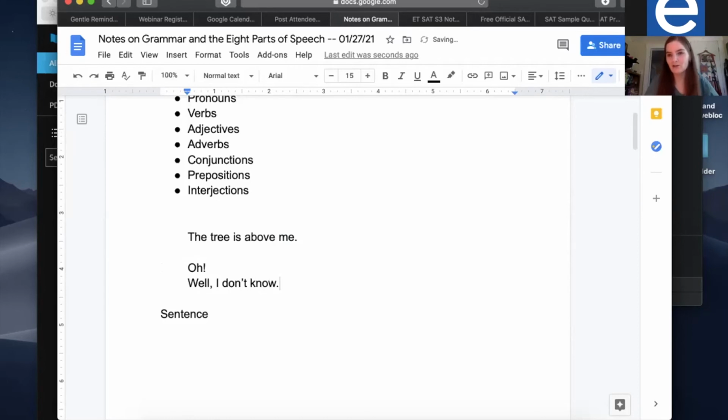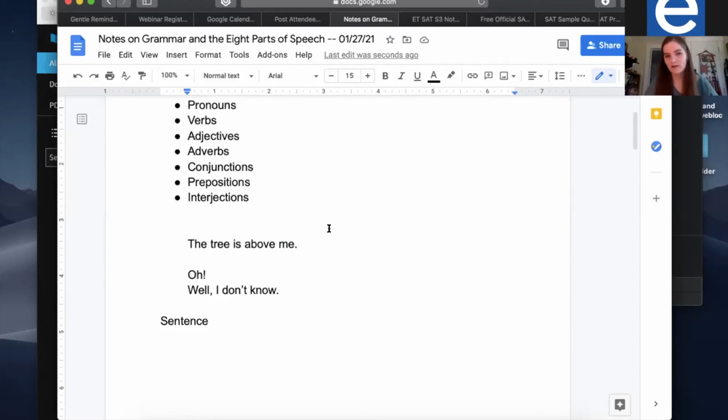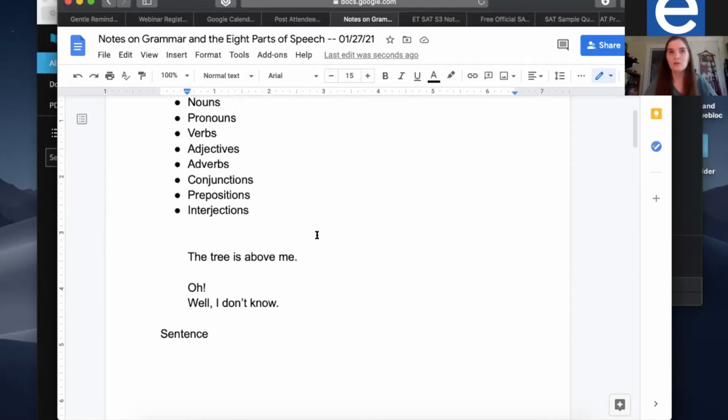Well is actually an interjection. It doesn't fall into any of the other categories, right? In the way that it's being used. You can say, I am well today, and then you're changing the meaning of the word. But here it's being used as an interjection to add additional information to the sentence to convey thought and idea.